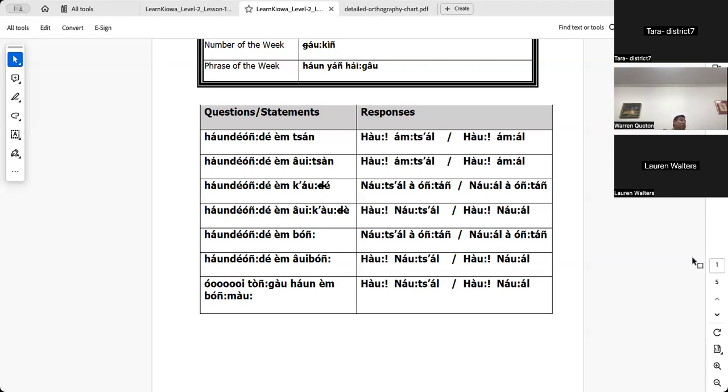I haven't seen you in a long time. And you live right here. So, kind of emphasizing, you live on the south side. You can elongate that. Oh, Tonga honem bone ma. And the responses are ha, not al, or ha, no, or ha, na al.